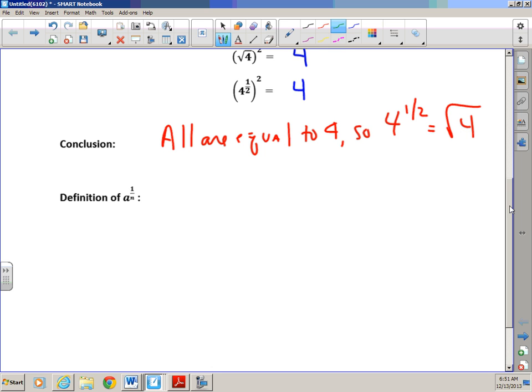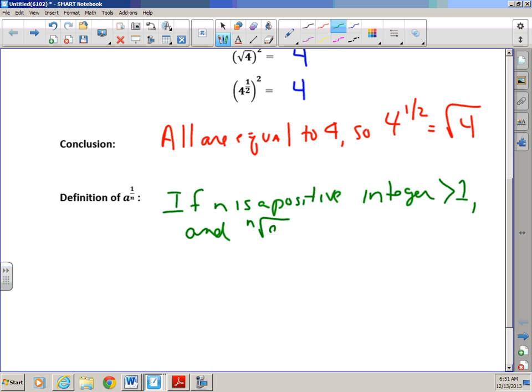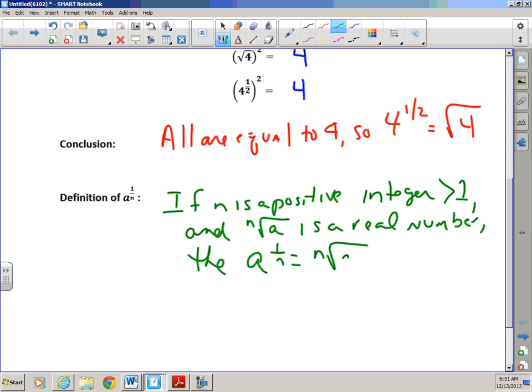So our definition is: if n is a positive integer greater than 1, and the nth root of a is a real number, then a to the 1 over n power is equal to the nth root of a.